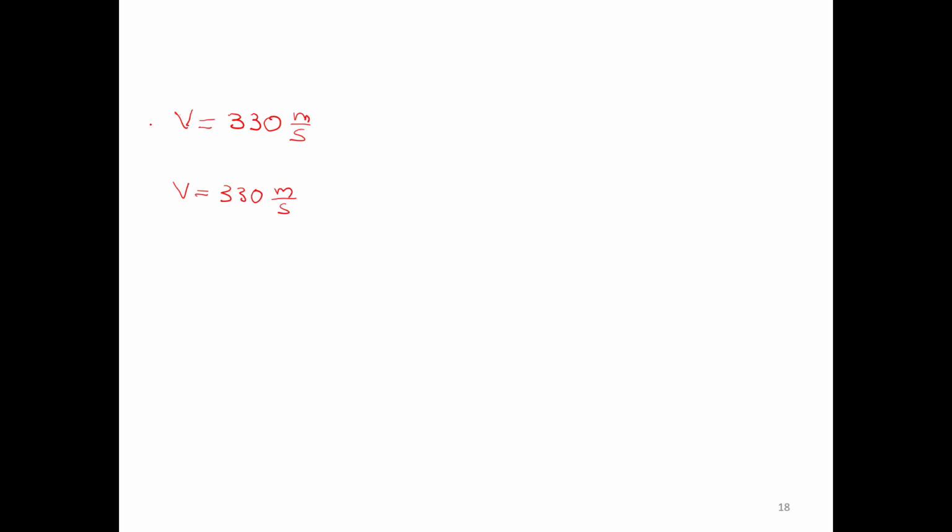In the first problem, the frequency of the sound was 260 hertz, and in the second problem, the frequency was 2500 hertz. The wavelength in the first case was about 1.27 meters. In the second problem, we got about 0.13 meters. And we can think this first one is about 1.3 meters.